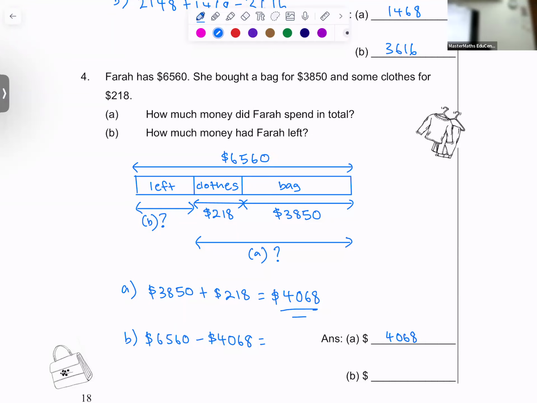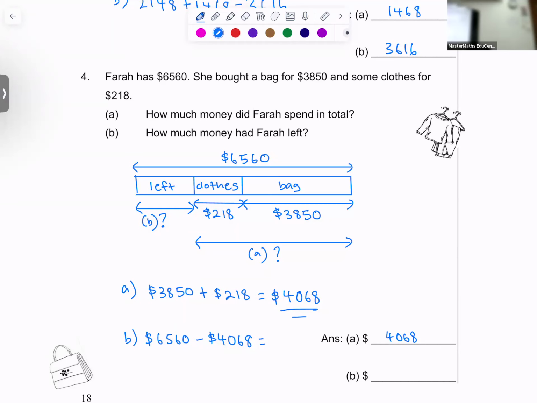Minus 6. How many fingers can you hold that? Minus 6. What's the smaller number? 15 minus.